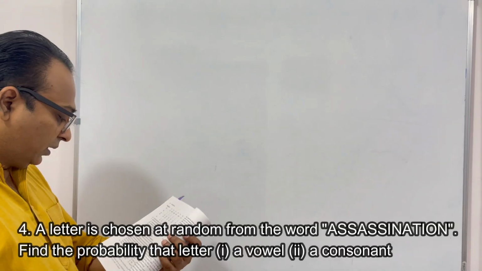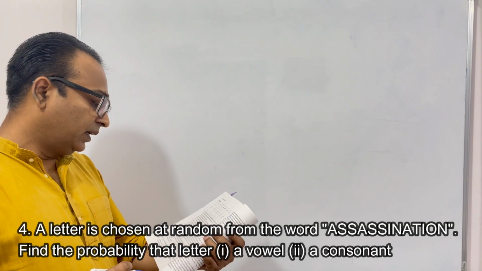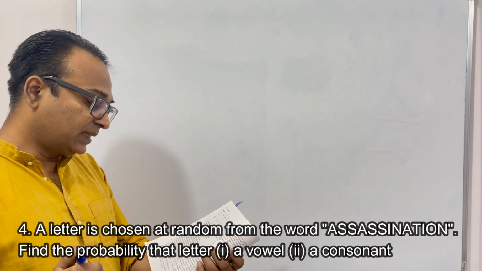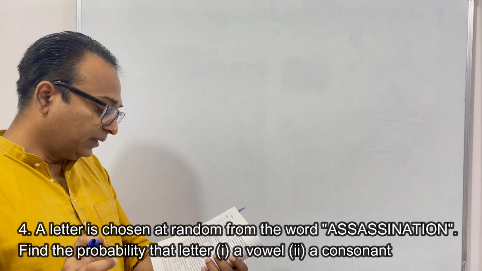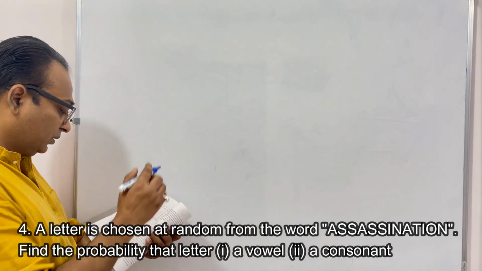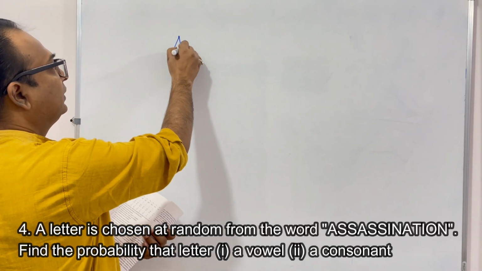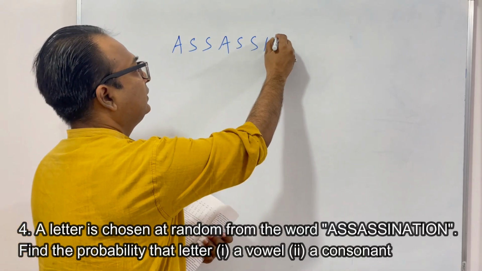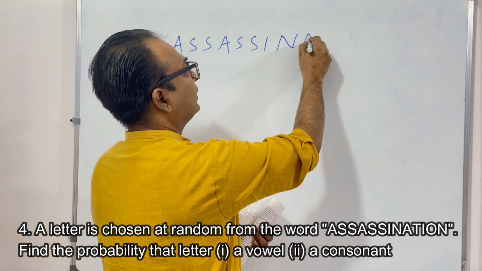Okay? The question is, a letter is chosen at random from the word assassination. Find the probability that the letter is a vowel or a consonant. The word is assassination.